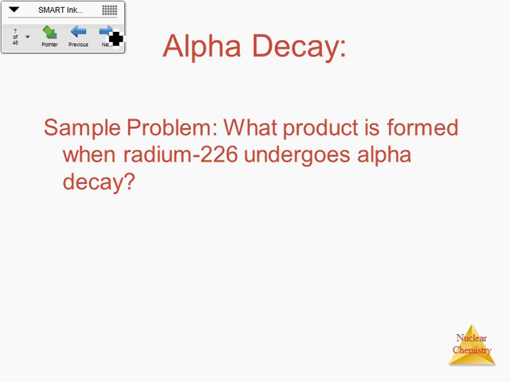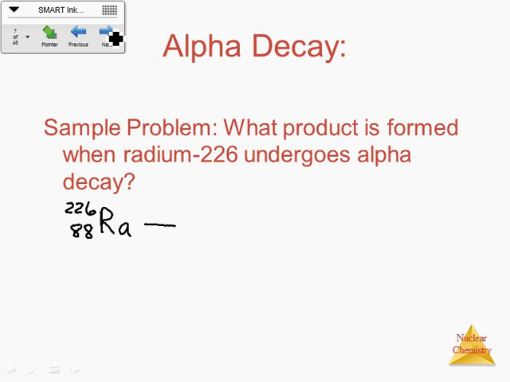Alright, sample problem here. What product is formed when radium-226 undergoes alpha decay? So we don't have to do this, but we might as well just write the equation for some practice here. Radium has a mass of 226, and if you look on your periodic table, its atomic number is 88.